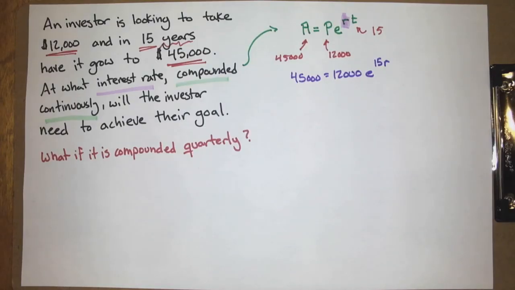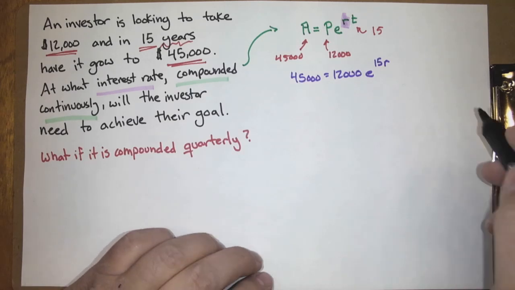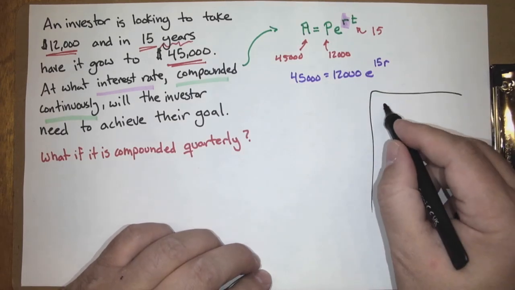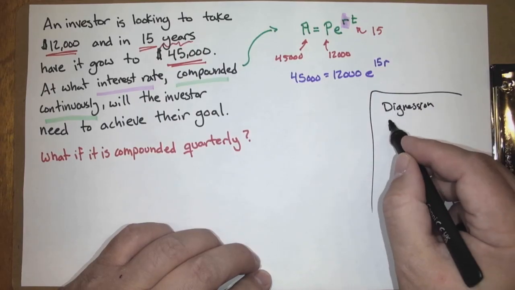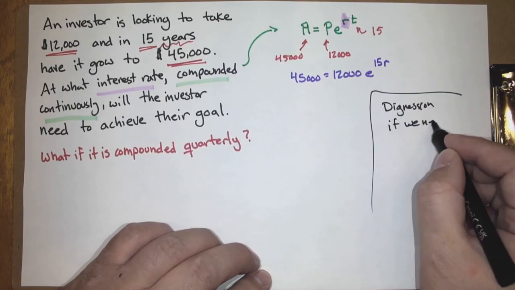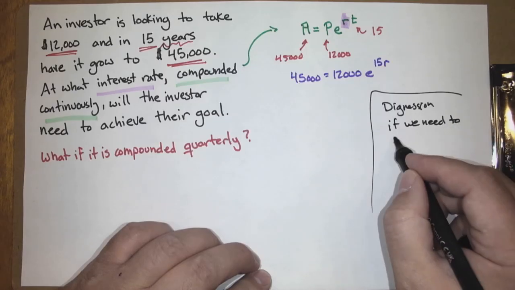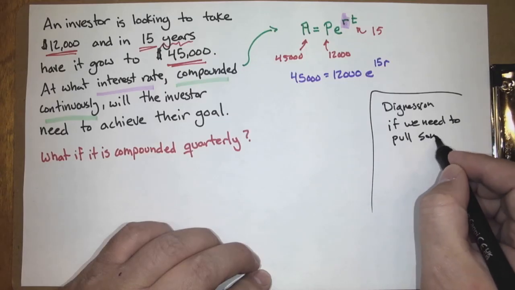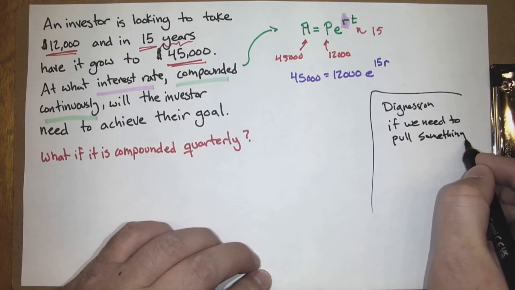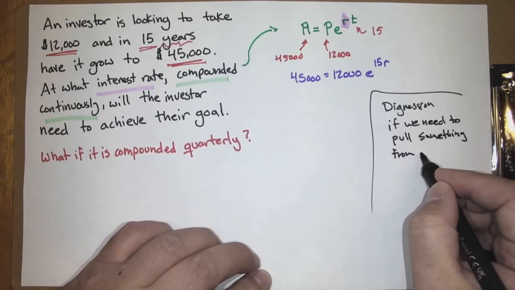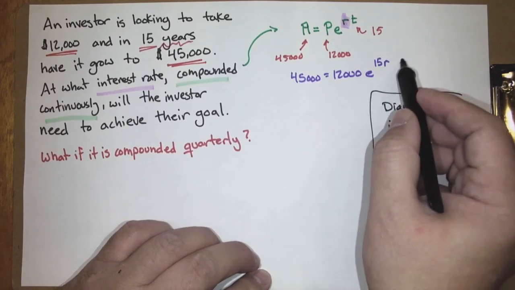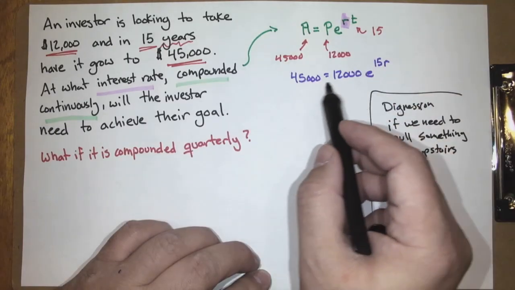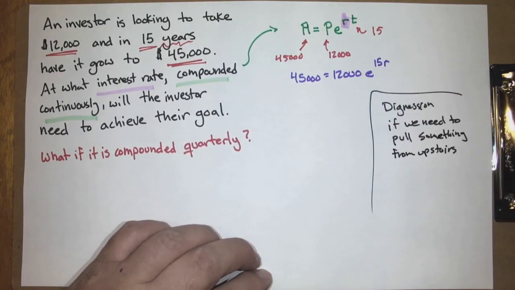Now, how to do it? We'll do a little bit of a digression. If we need to pull something from the exponent, or upstairs, if you like, how do we do it? You're trying to solve for something. Is it downstairs? Is it upstairs? This is upstairs.